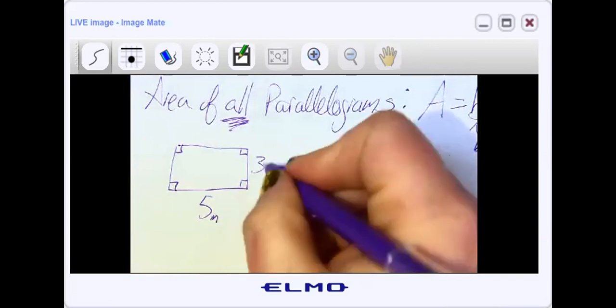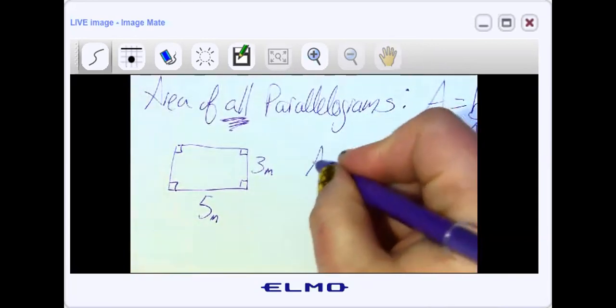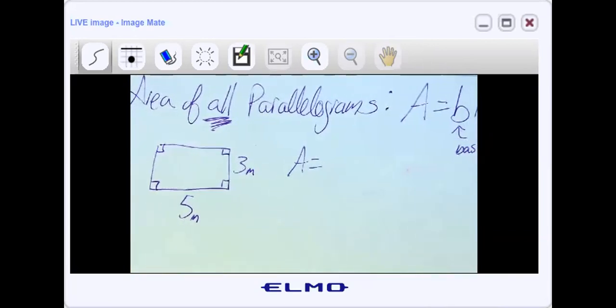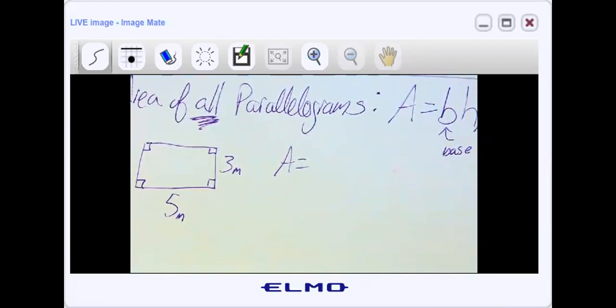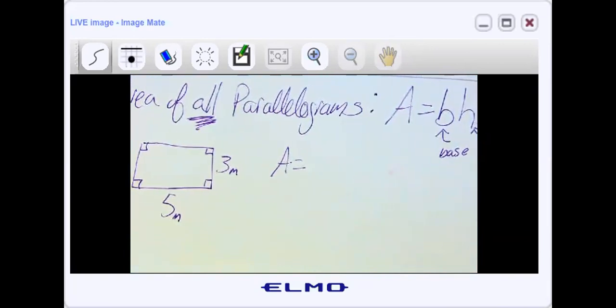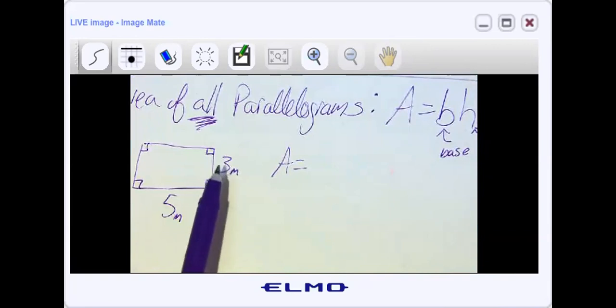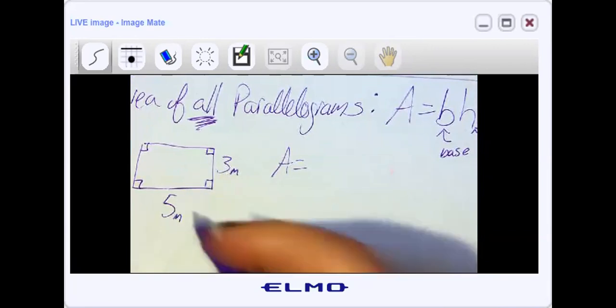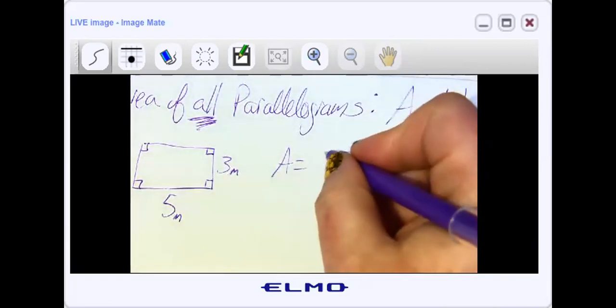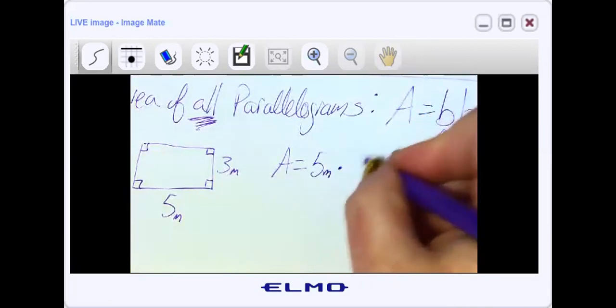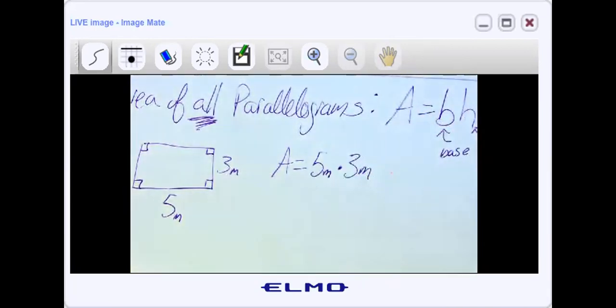If these are meters, take a look at what happens when I actually do this. Does it matter who's the base and who's the height? No. Because remember, I'm just multiplying, so it doesn't matter if you say 5 is the base and 3 is the height, or the other way around. So I'm going to do 5 meters times 3 meters, and look what happens.